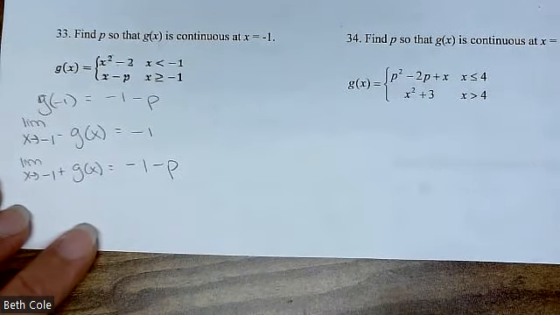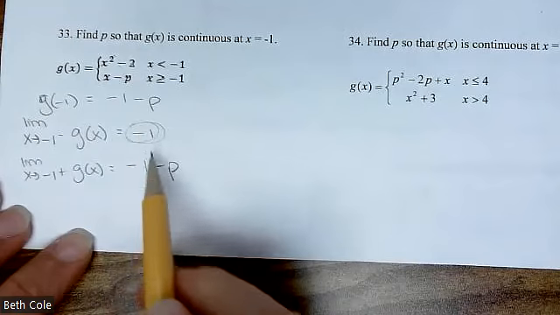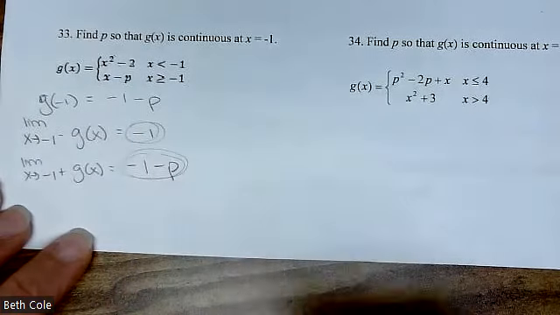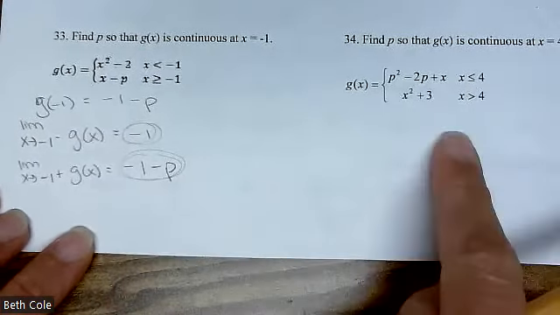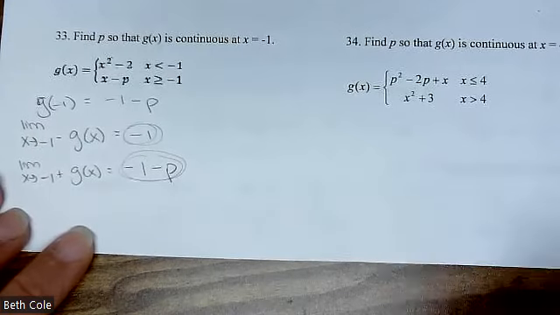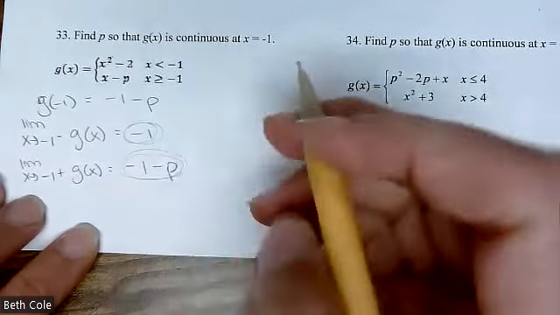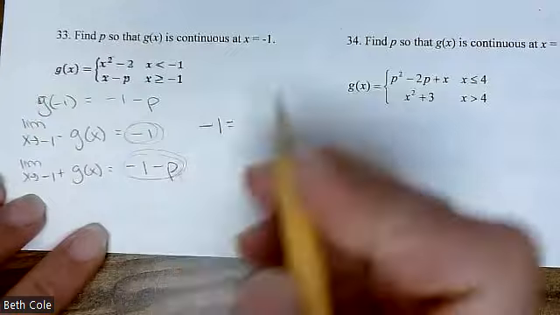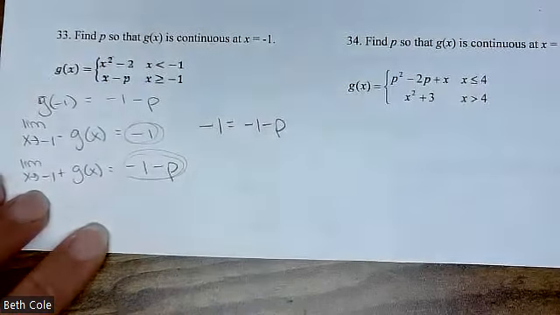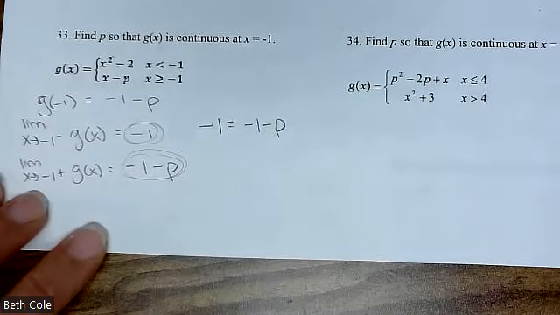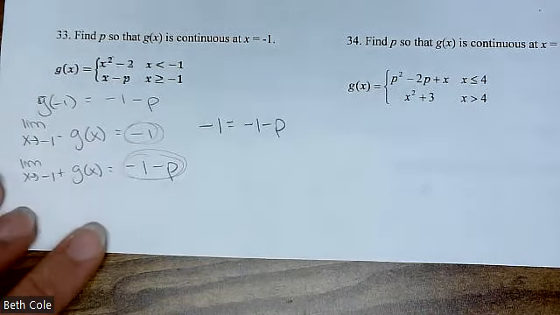If you want them to meet up, you're just going to set this equal to this and solve it. When we do this one, that's all we're going to do. I'm going to skip all the writing of everything. So you're going to take -1 and set it equal to -1 minus p, and then just do the algebra to solve that. This happens all the time on the AP exam, that the math you're actually doing is like nothing, but they want all this writing.